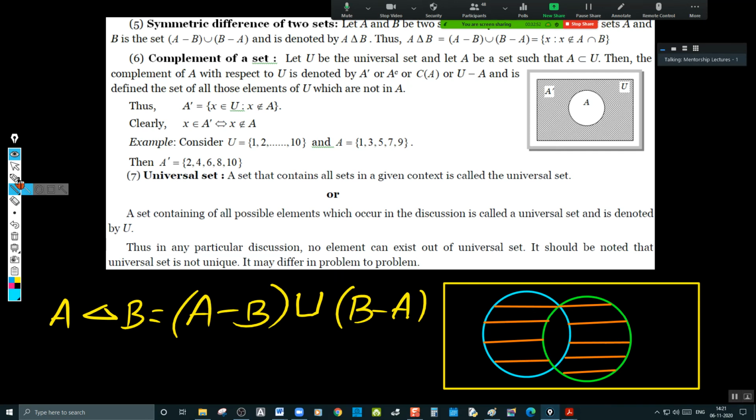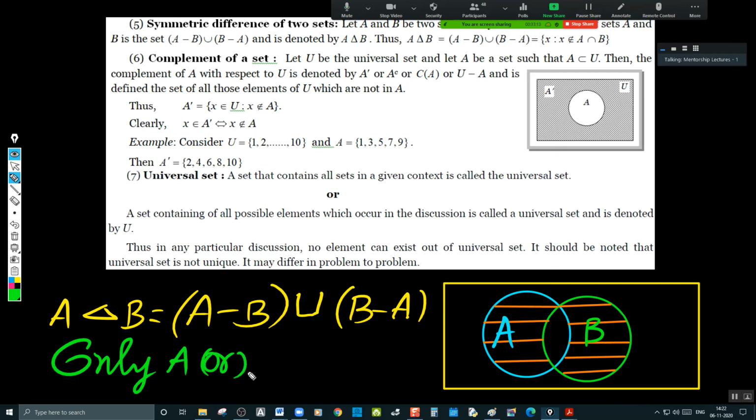Just check it out, please. This is A and this is B. So we want only A and only B. That's what you have to understand. Symmetric difference means only A or only B.